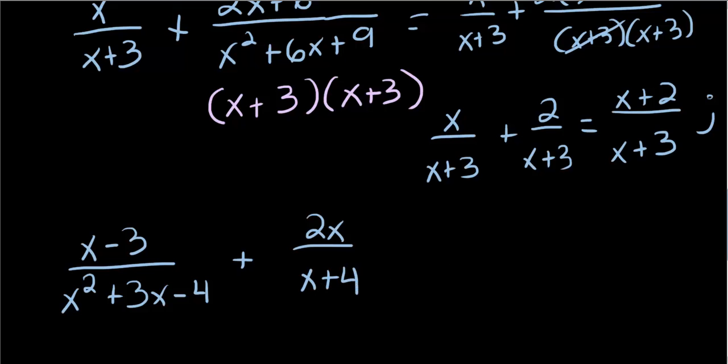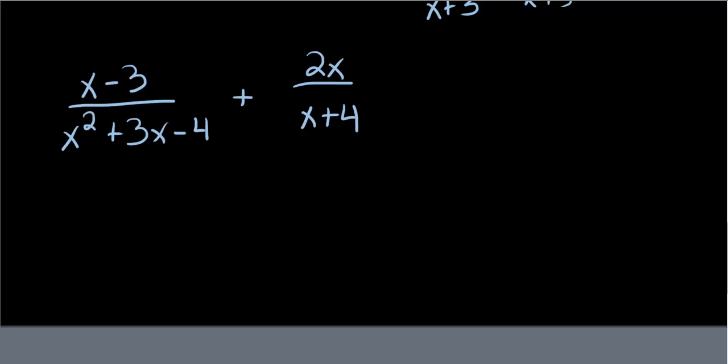So again, the first thing we do is we factor. So I'm going to factor this as x plus 4 times x minus 1, because 4 minus 1 is 3, and 4 times negative 1 is negative 4.